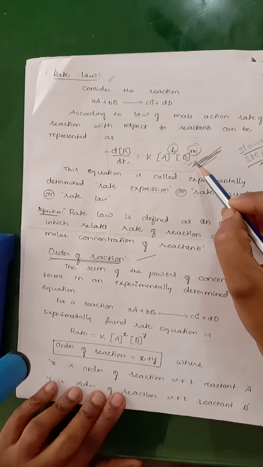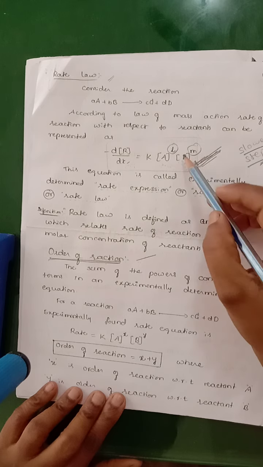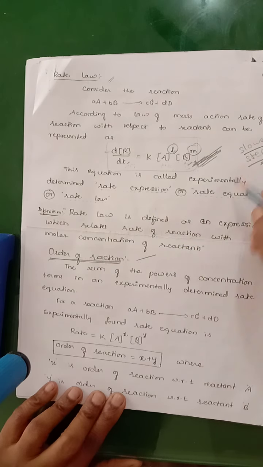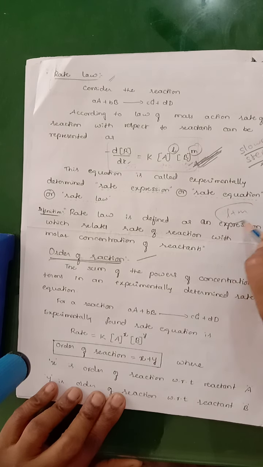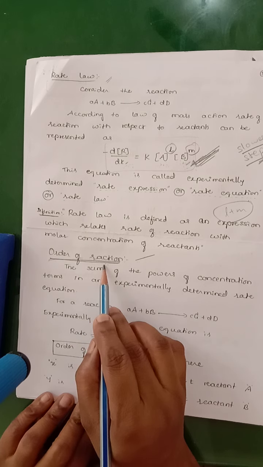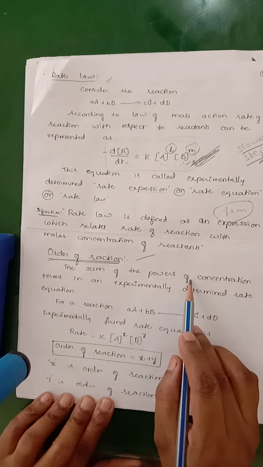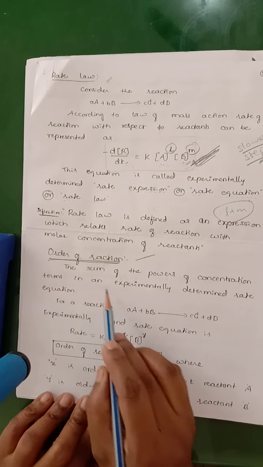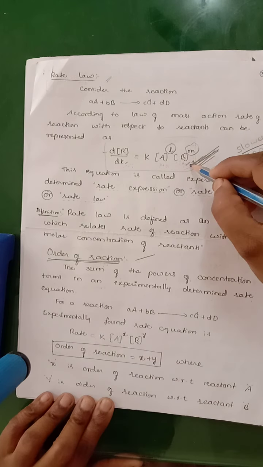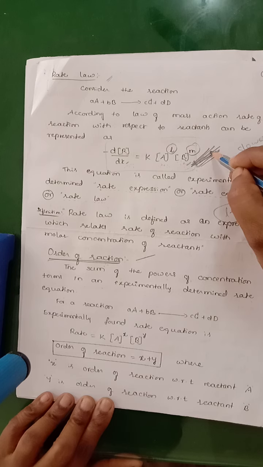Whatever value we obtain by taking the sum of the powers for both the reactants here, that is L plus M, this is nothing but the order of reaction. So what is order of reaction? The sum of the powers of the concentration terms in an experimentally determined rate equation. So this is nothing but the experimentally determined rate equation.